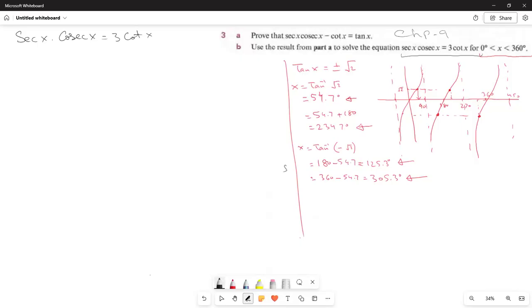Okay, so secant x is 1 over cos x, and 1 over sin x equals 3 cos x over sin x.